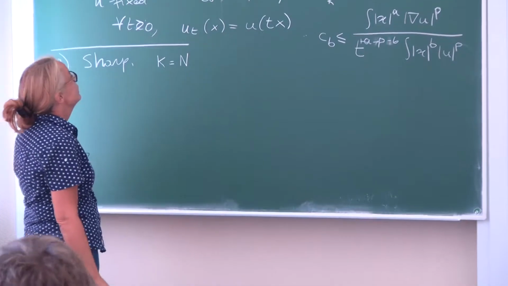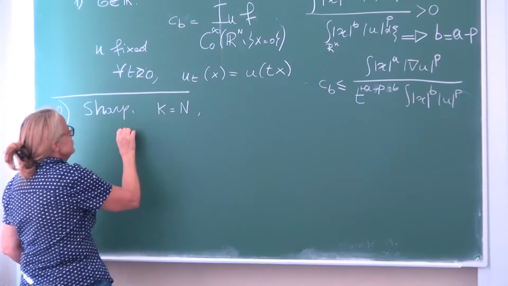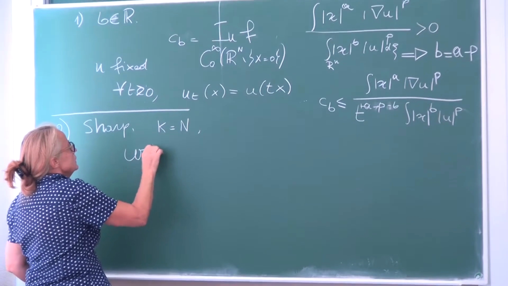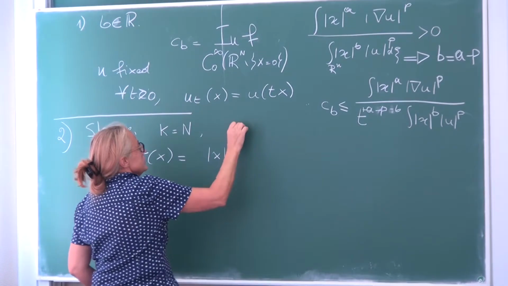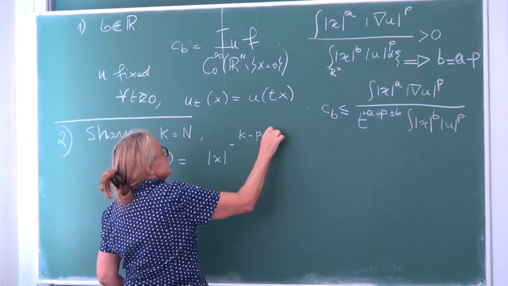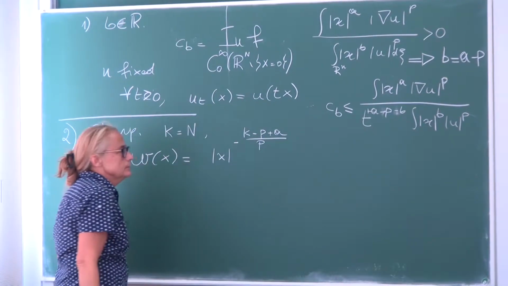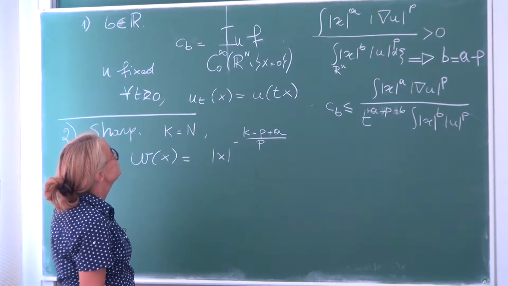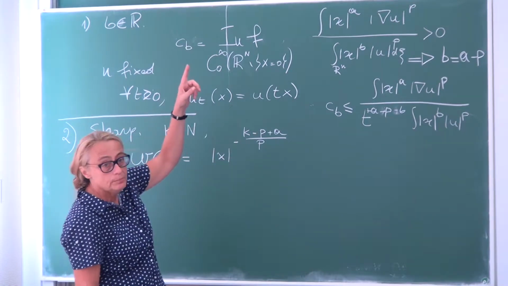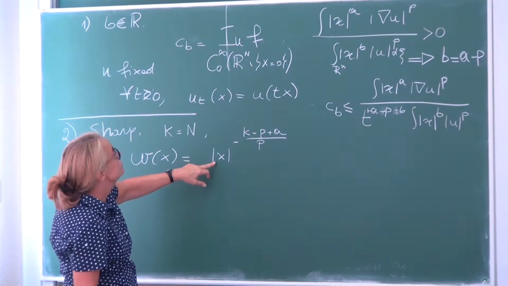That constant is sharp, and because the function omega of x is equal to |x| to the power k minus p plus a, that enters several times, as you see, this function is not in the weighted L^p space because of the singularity, you know.